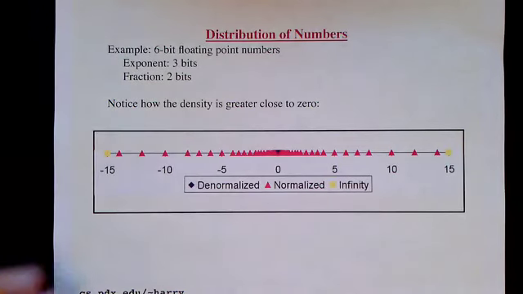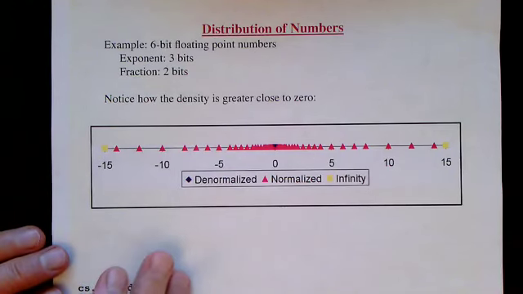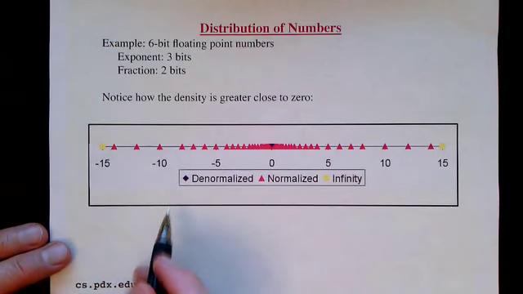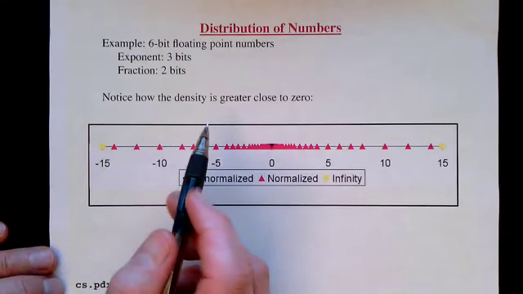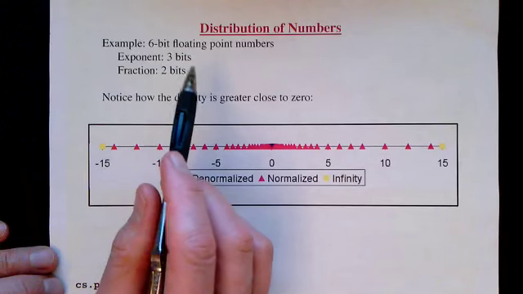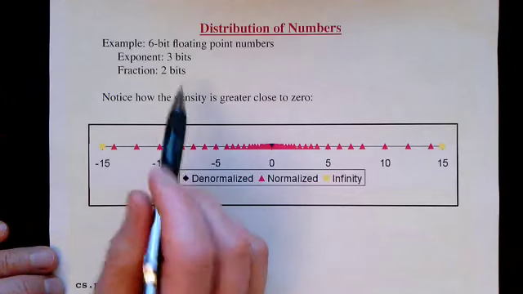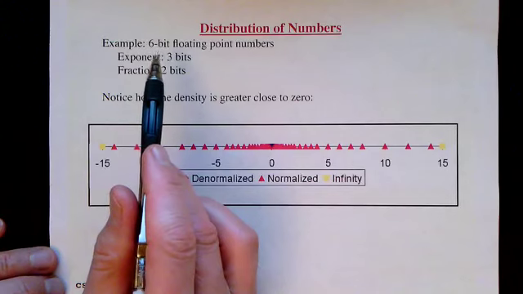Now let's take a look at how the numbers are distributed along the number line. In this example, we're looking at a floating point representation, but not a full IEEE single precision number. That would have 32 bits, and we'd have lots and lots of values. Instead, we're looking at an analog which only has 6 bits.